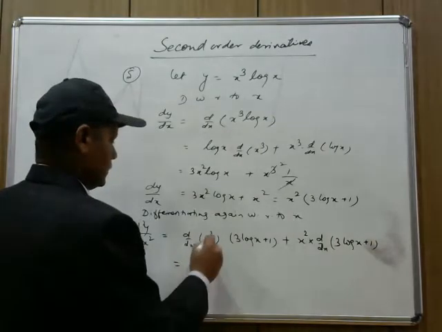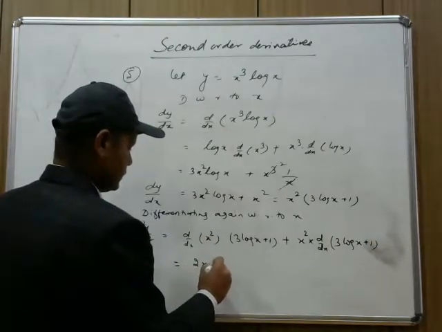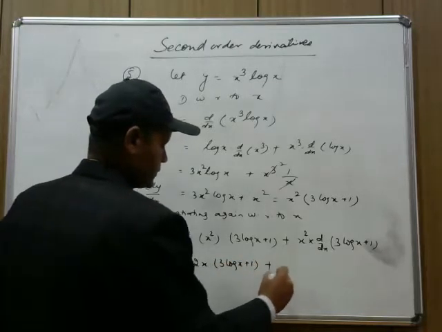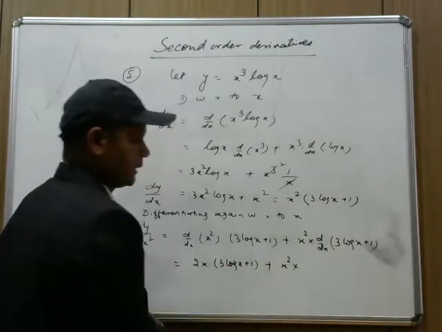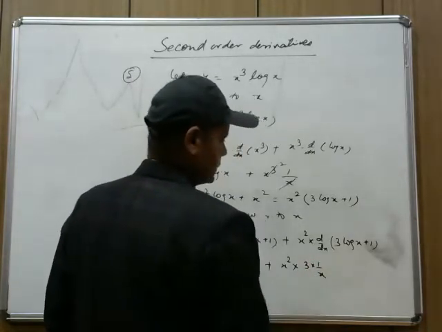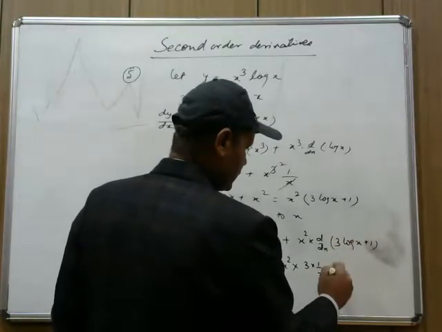Now 2x into 3 log x plus 1 plus x square into differentiation of 3 log x, 3 into 1 by x, plus differentiation of 1 will be 0.